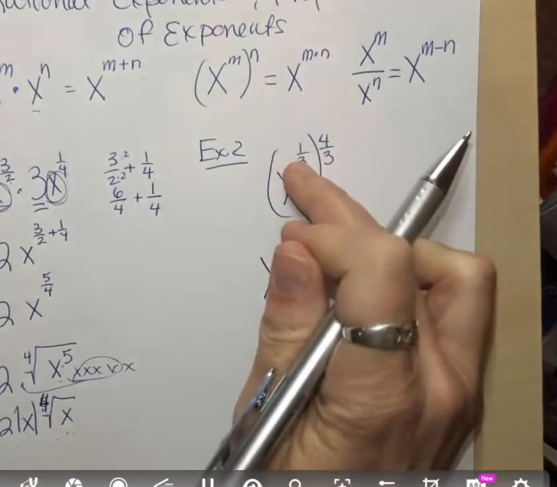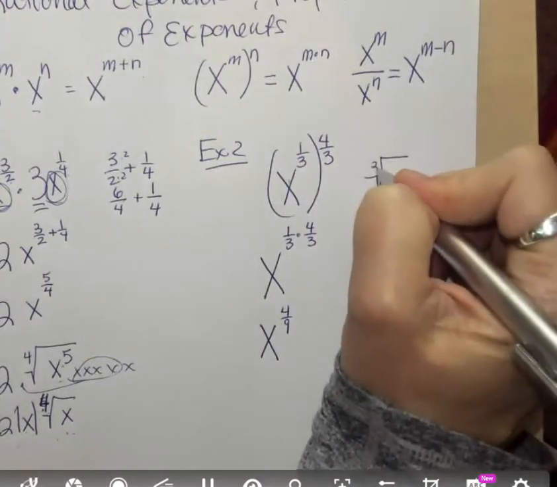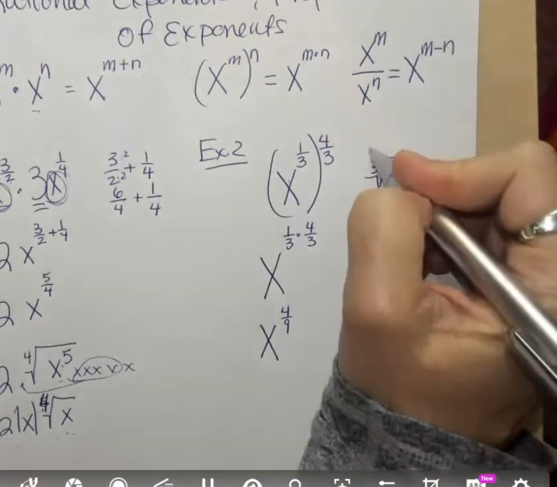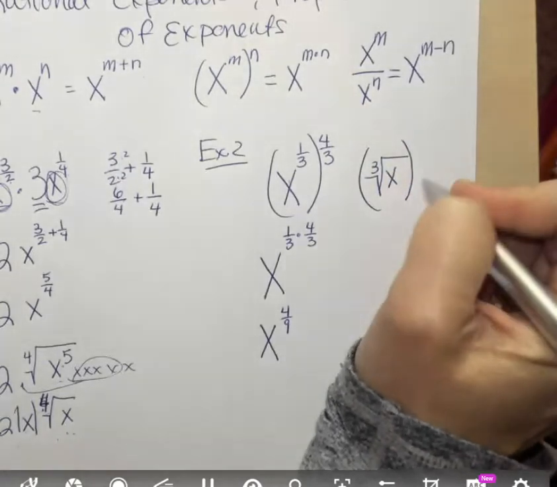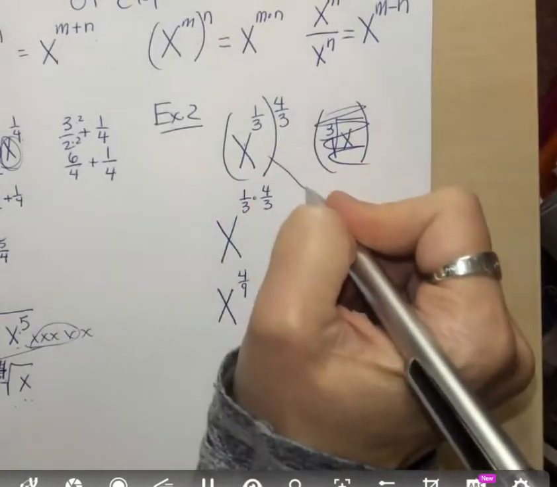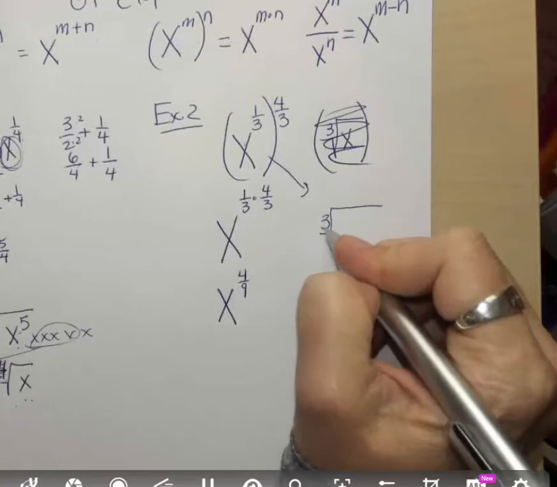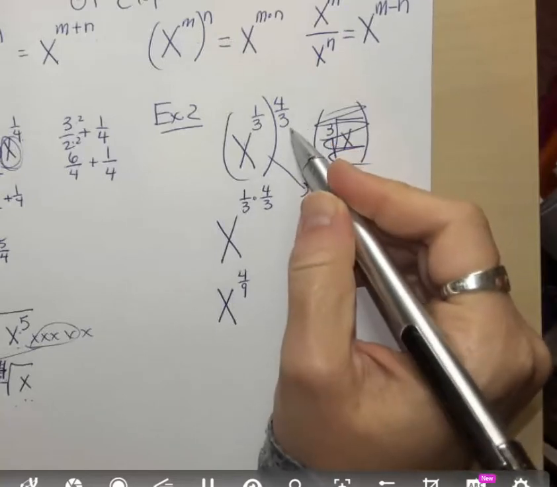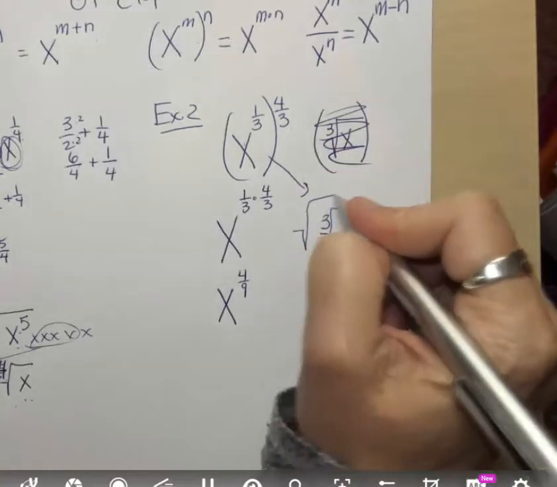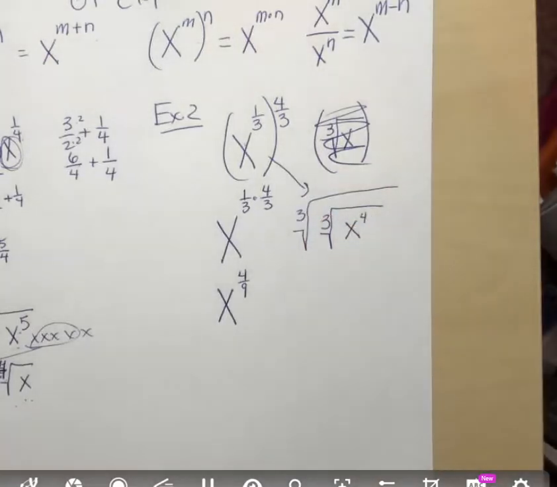If I were looking at this problem in radical form, it would basically be saying the cubed root of x. Hold on. This problem in radical form would actually be the cubed root of x. But then I'm going to take the cubed root of that again, and I'm going to raise that to the 4th power.